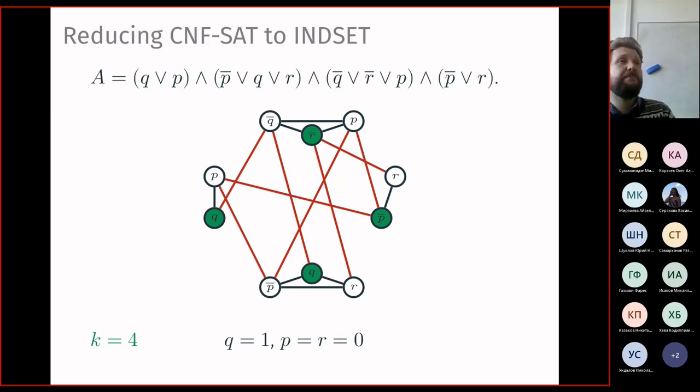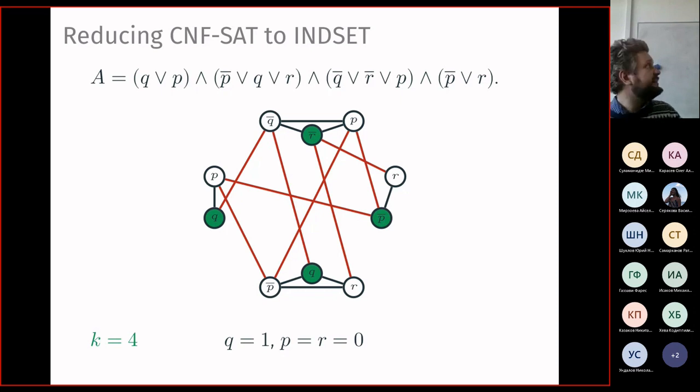So any NP problem is reducible to int set by this chain of reductions. Therefore, int set is NP-hard, right? And therefore, for induced subgraphs, subgraph isomorphism is NP-hard.